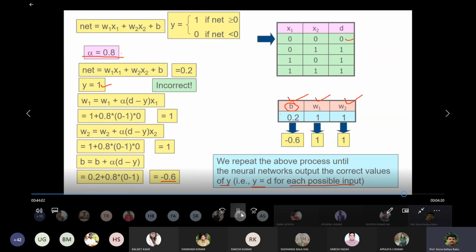What is the necessity for using this bias? For example, you have data like this. From 0 you can draw a line like this, and that gives an equation of this line.